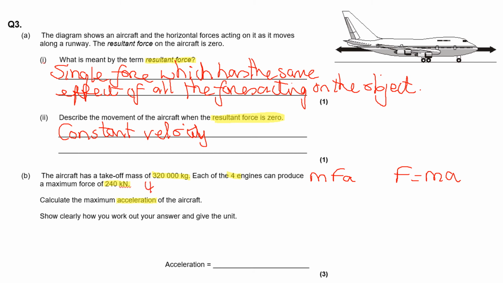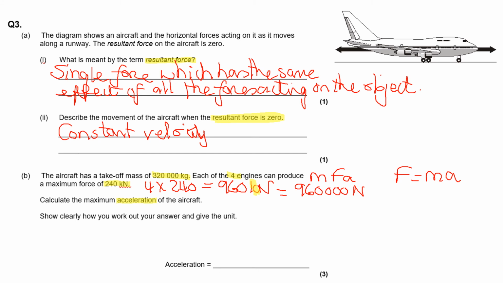First of all, I'm going to do 4 times the 240 to give me 960 kilonewtons in total. Now I also need to remember to get my units right, because it said here quite clearly that I'm looking at kilonewtons. So I'm going to need to multiply the answer by 1,000. So that's going to be 960,000 newtons. So that's my force sorted out.